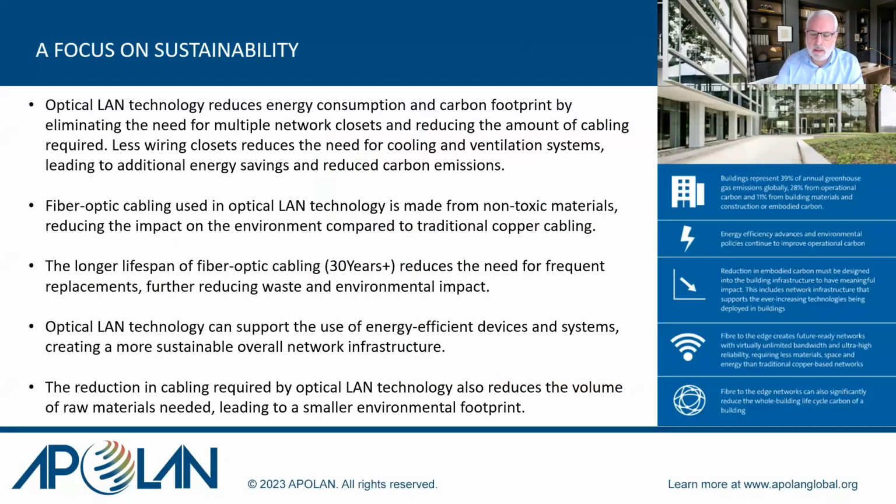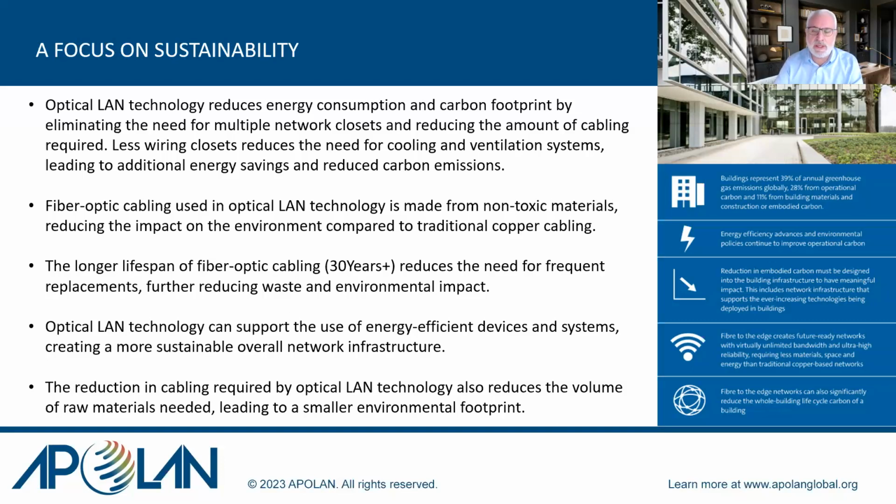So this is the big talking point at the moment with smart buildings. How can it impact sustainability? And when we talk about sustainability, we're talking about two key things here: embodied carbon and operational carbon. The difference between the two is that embodied carbon is the carbon that's actually emitted to build the building. That includes taking the raw materials out of the ground, transporting them to a manufacturing plant, manufacturing the product, transporting it to site, getting workmen on site to actually build the building, the actual materials being used.